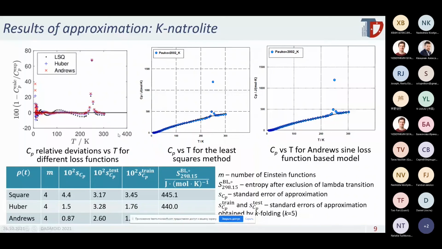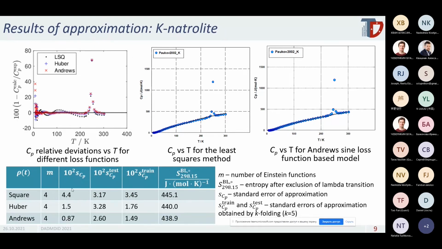We can see it on the left plot, and also in the center, but it's just less visible. If we use the Huber function, oscillation became lower, and the Andrews function causes even the lowest oscillations.